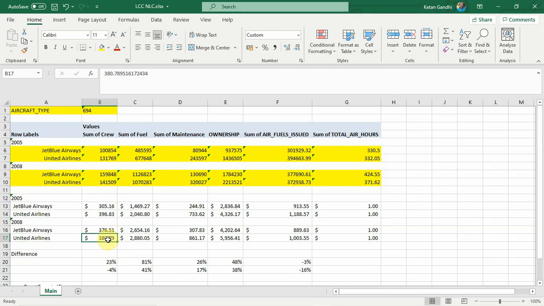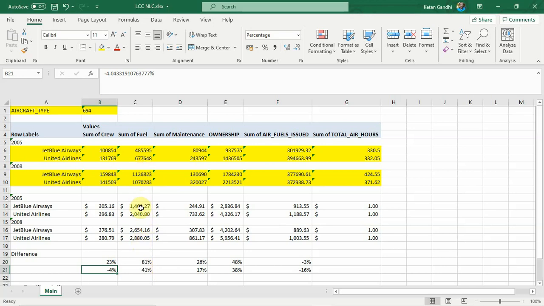This is basically their strategic input, which resulted in the cost reduction. So here United Airlines fared well compared to JetBlue, which had a 23% increase, and United Airlines had a decrease of 4% in the cost.